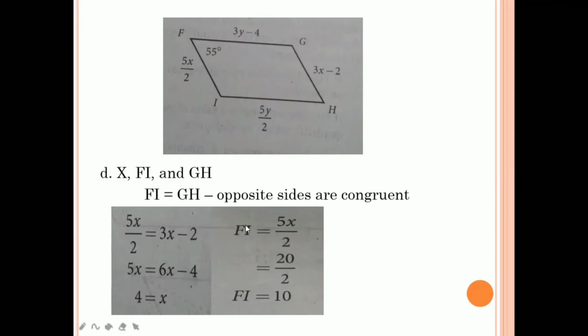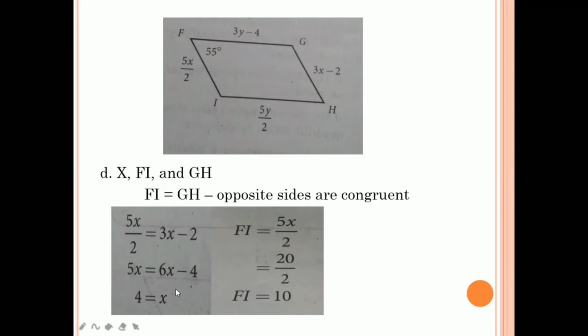Then FI is 5x over 2. We are going to substitute the value of x. We already solved the value of x. So now we can identify what FI is by substituting the value of x. So 5x over 2, the value of x is 4, right?